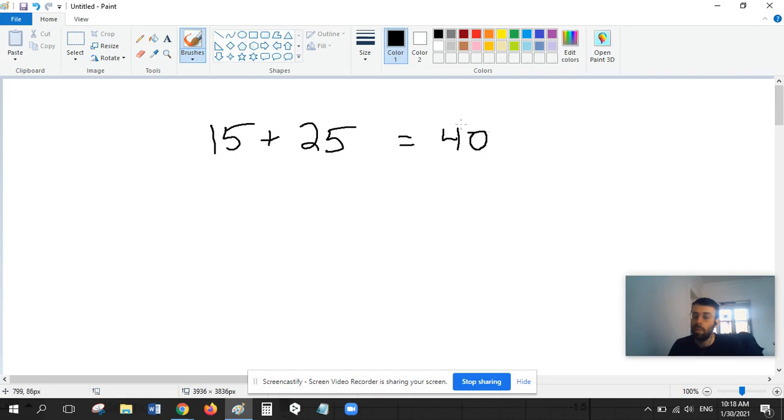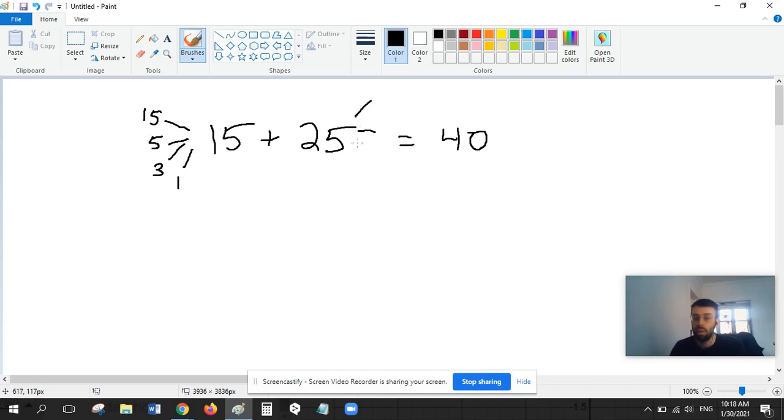So hopefully when we change this left side around, it's going to stay equal to 40. If it doesn't equal 40, then we'll know we did something wrong. So first I'm going to find the GCF of 15 and 25. And so I have to find the factors. We have 1 and 15, and then 3 and 5 are the only factors.